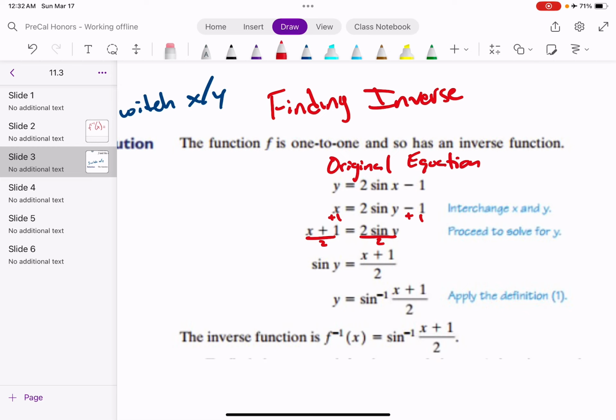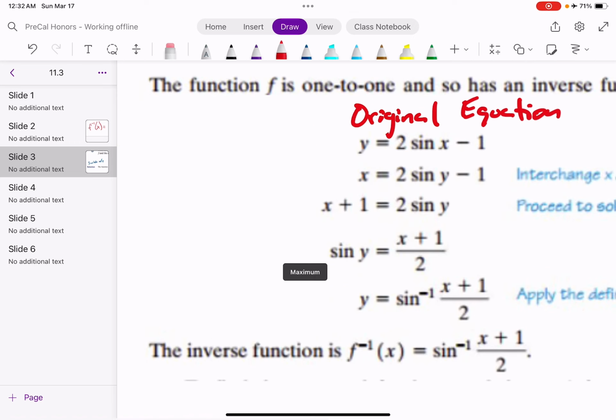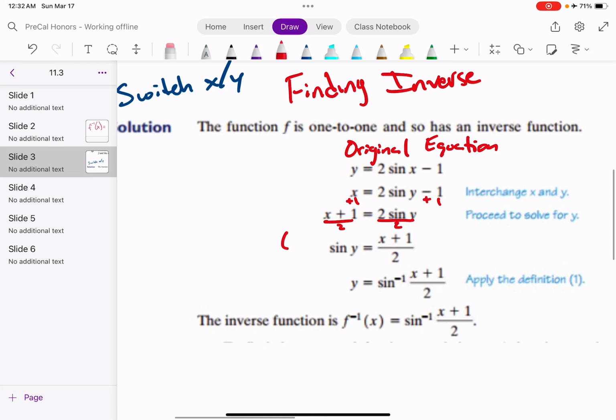At that point, we now have sine y on the left-hand side and the remaining part of our equation on the right-hand side. Now, since we have sine y, we have to get rid of the sine. In order to do that, we are going to apply its inverse, which in this case would be the inverse of sine. When you do that, we have y now isolated by itself.